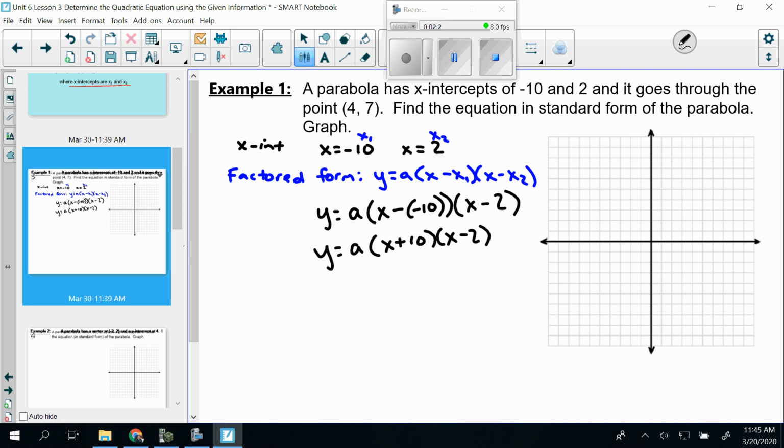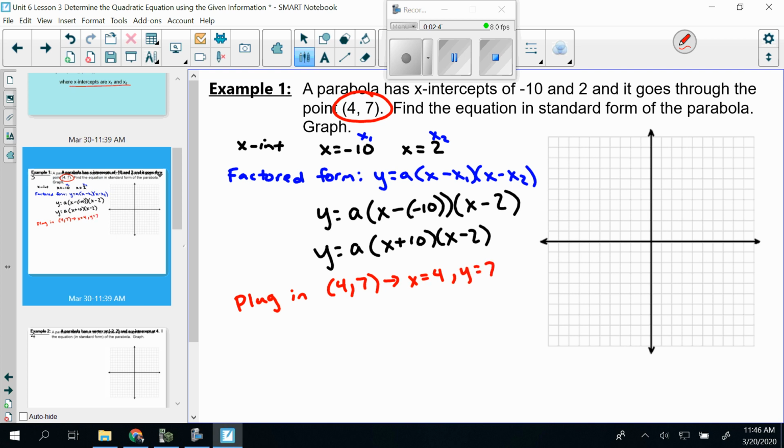So how we're going to find that a is to use the last piece of information up here. And the last piece of information is we know this point (4, 7). So what we're going to do next now is plug the point (4, 7) into this equation, meaning that tells us when x is 4, y is 7. That's an ordered pair there.